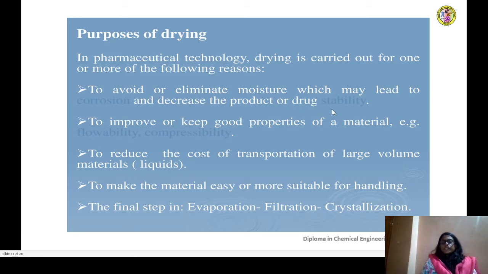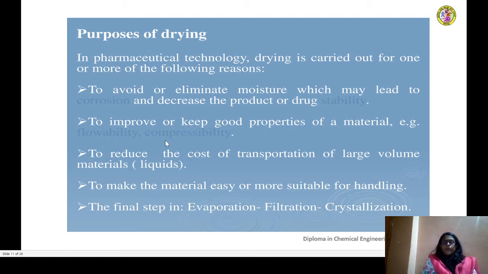The drug has to be stable, and for that reason you need to get the product in dry condition. Also, if moisture is present, the product will be corrosive in nature.